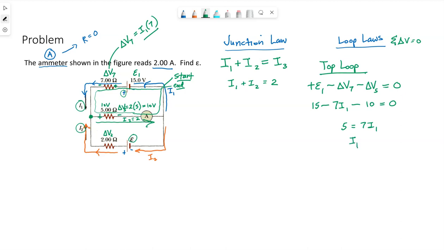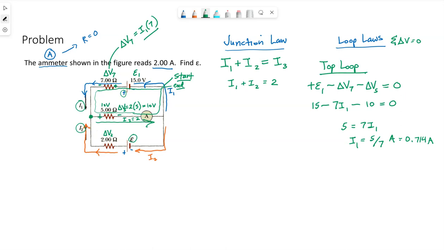So I1 is 5/7 amps, .714 amps. Awesome. We have I1. That's not what we ultimately want. We want the battery voltage.